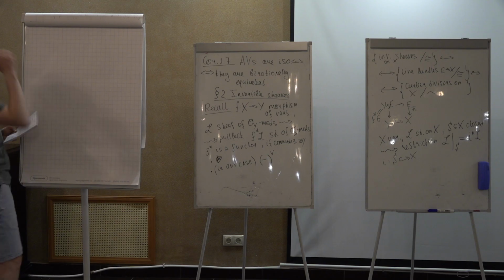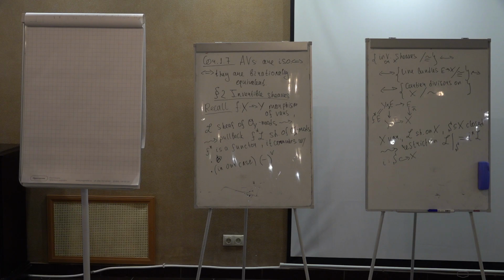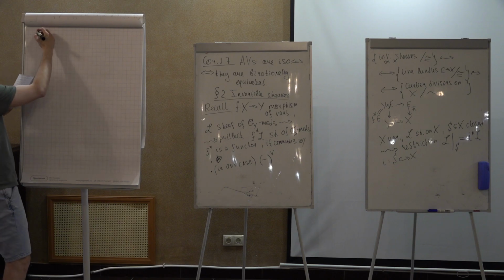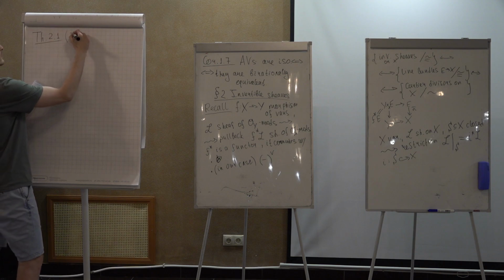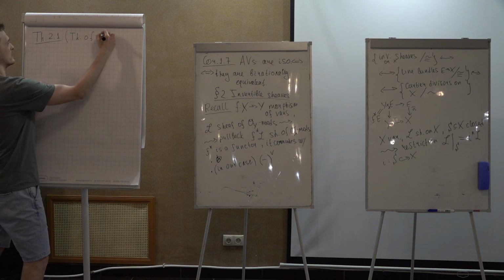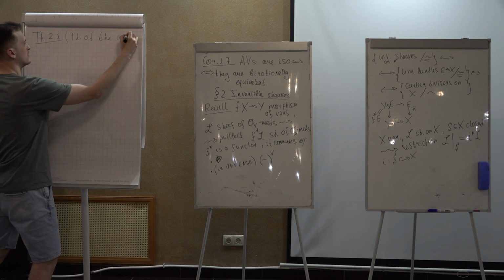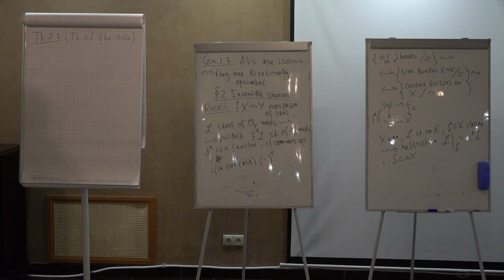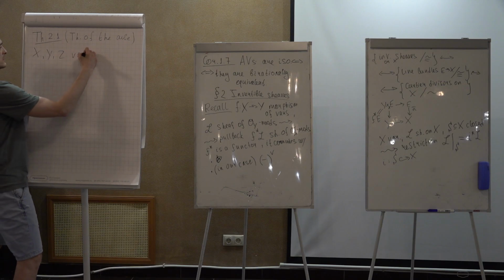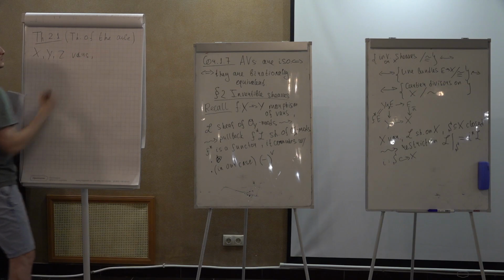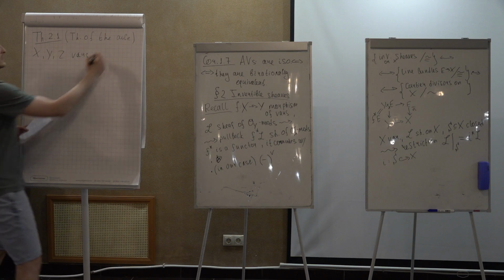So I won't prove this, but I will need the statement. This is the so-called theorem of the cube. It starts familiar. I have three varieties, but this time two of them are complete.